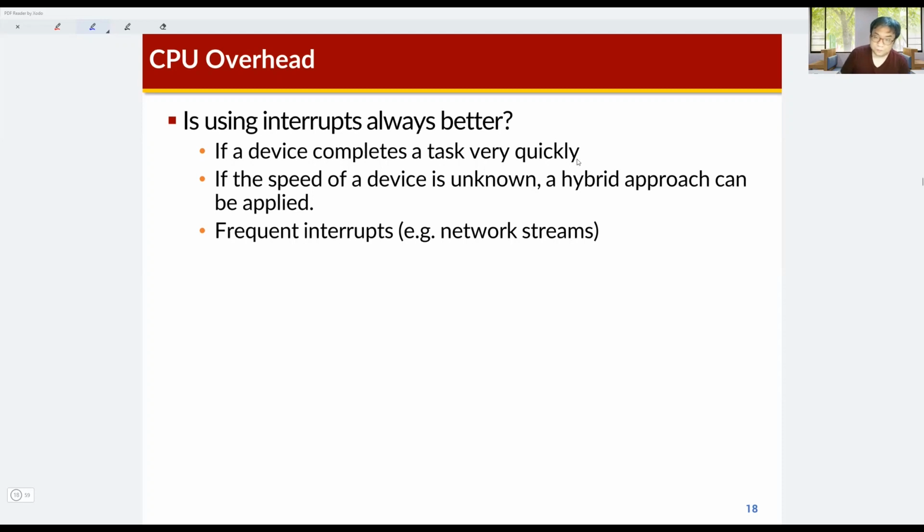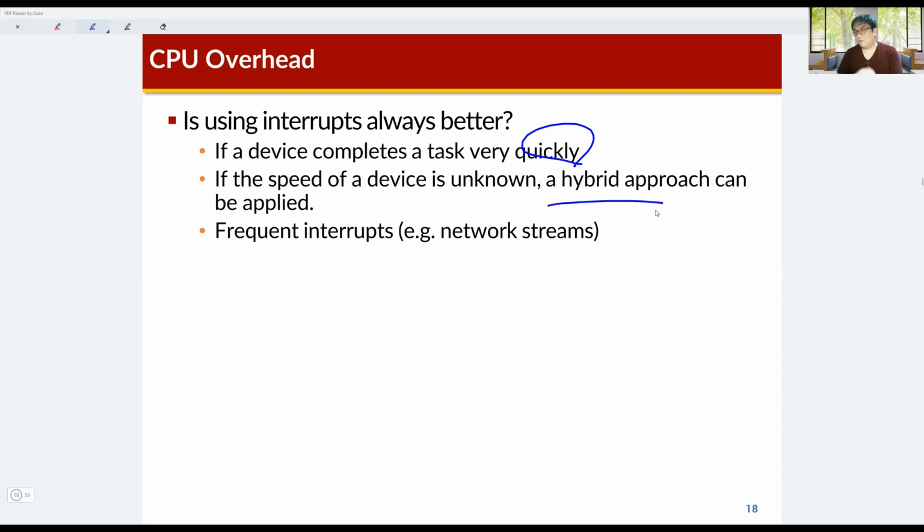So if a device completes a task very quickly, the interrupt-based control is not good. But sometimes we don't know when the request is done by these I/O devices. So the speed of the device is unknown. We can use the hybrid approach.